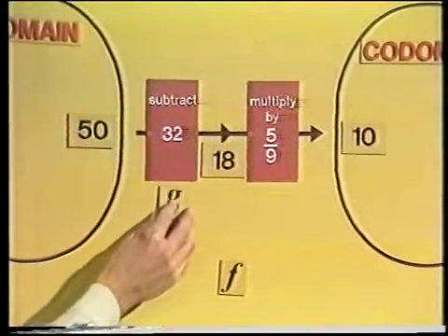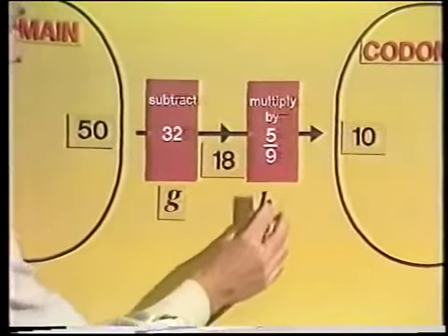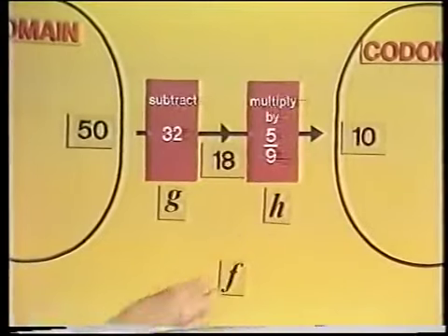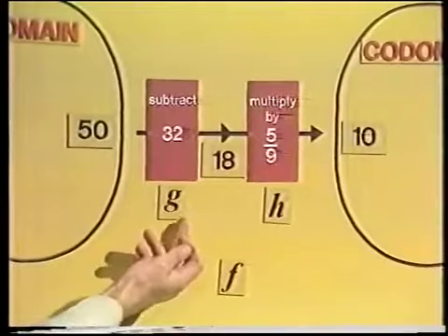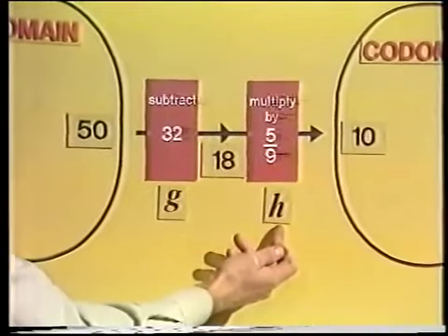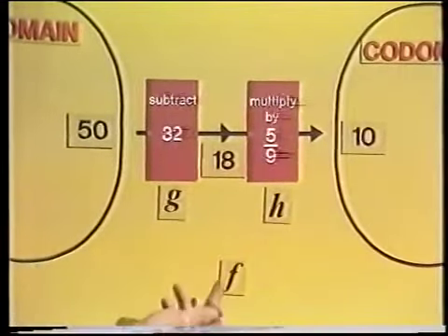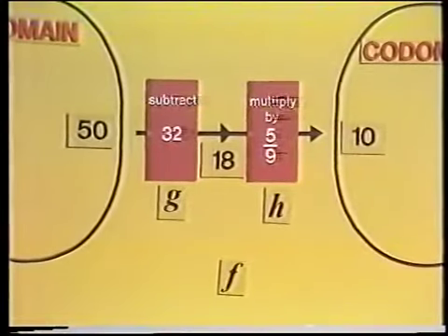If I call that one g and that one h, can you see what's going on? If I apply the function g first and then h, I'm combining them to give me the function f. We say that the function f is the composition of the two simple functions.